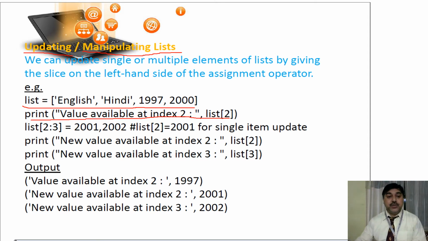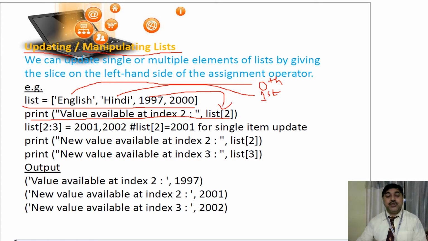This is the zeroth position, we know it, isn't it? Then this one is the first position. That means this is the address of it. And this one is the second position, the second position of the list which is to be printed. Clear? So the value has been taken.